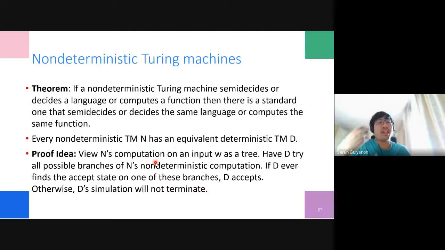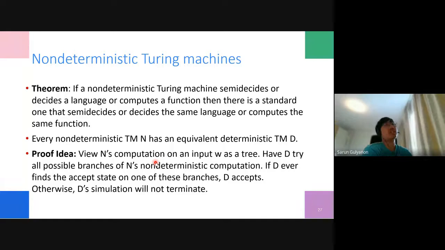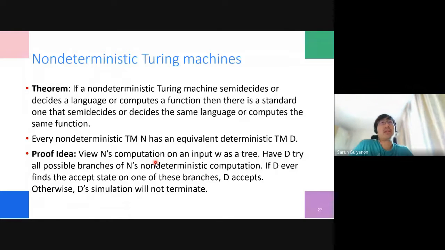If that is the case, then we found the solution, we found a possible computation. It tells us that the non-deterministic Turing machine accepts that string. As long as we see one of them, that is fine.